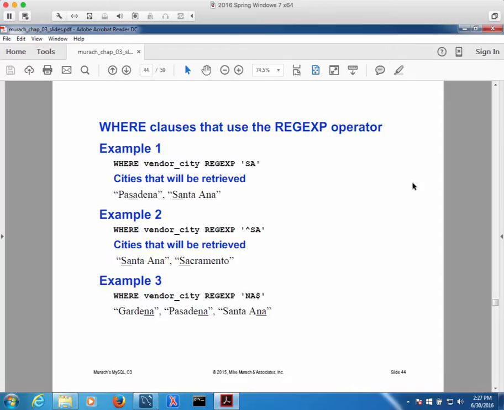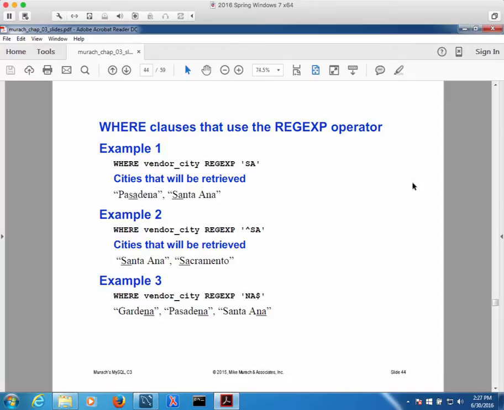Now the next thing we say vendor city REGEXP, and then we have a caret sign, a circumflex, in the beginning. So this circumflex says what comes after has to be at the very beginning of the string. So this says starting with SA. So that's only going to match Santa Ana and Sacramento.